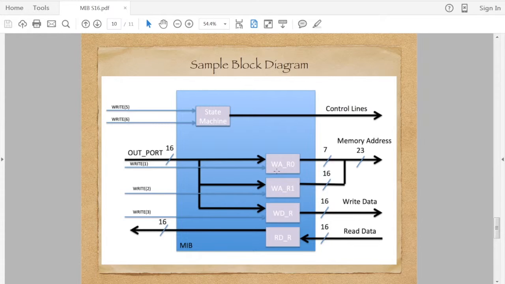The state machine would then go through the read and then load the data into the RD register. And I didn't show here, and I should have, out of the state machine should be a load signal coming here because it's the state machine's responsibility to know when to load the data into the read data register. Then on this side is the interface to the MicroBlaze.